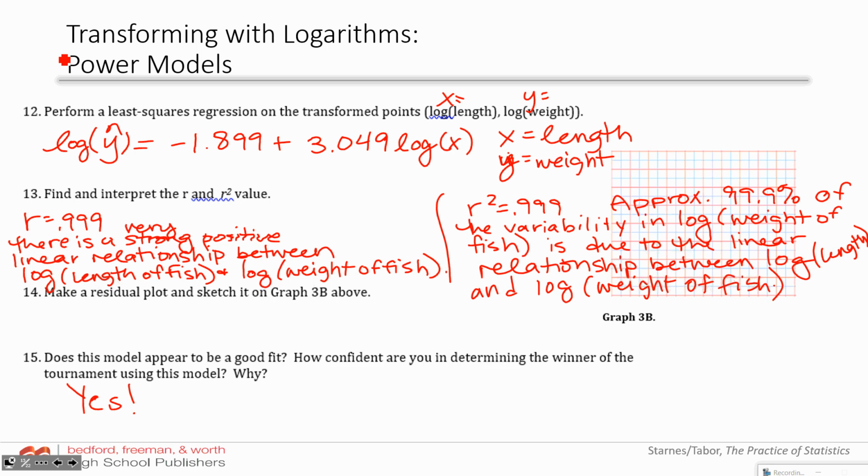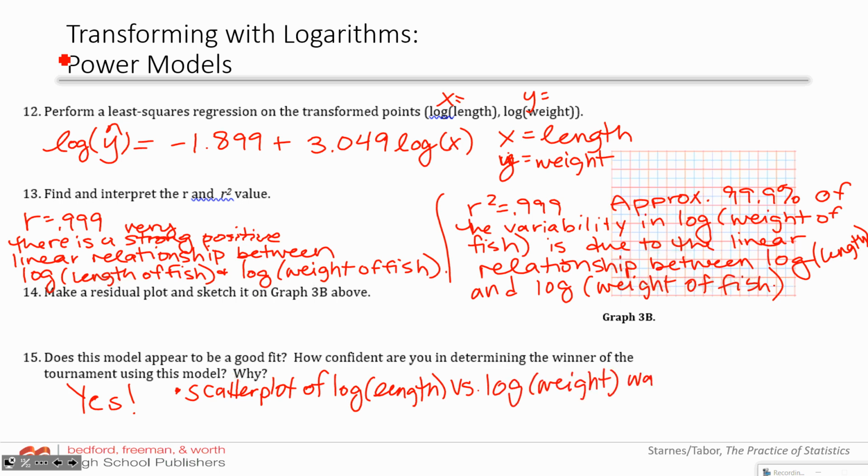So the first reason is that the scatter plot of log of length versus log of weight was linear.